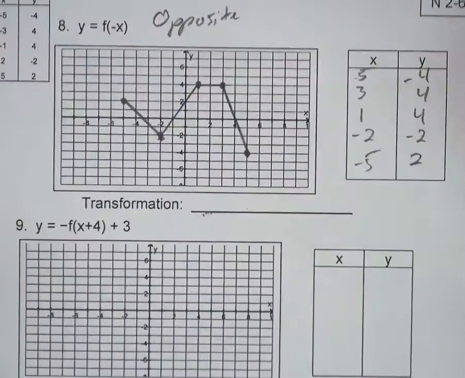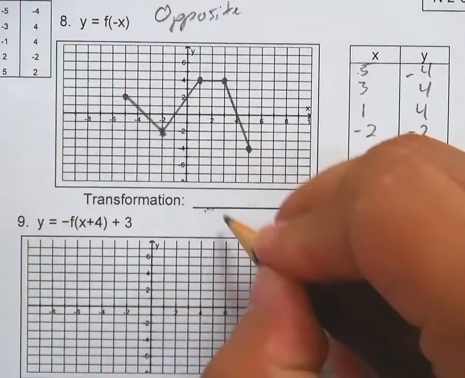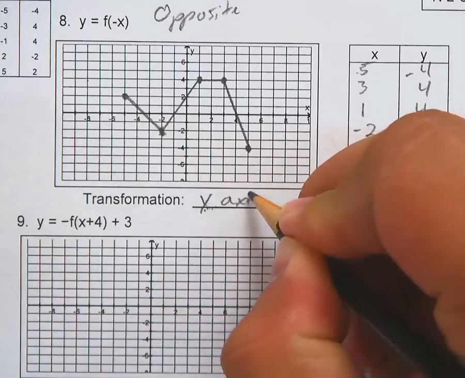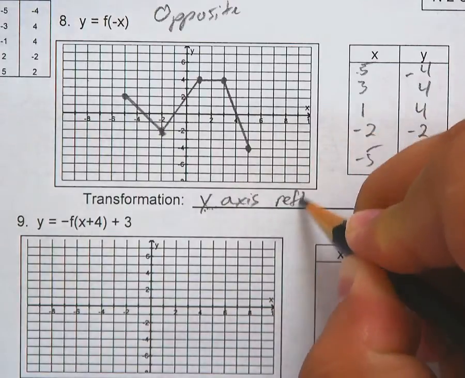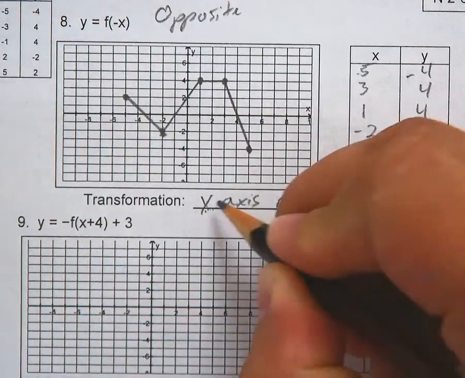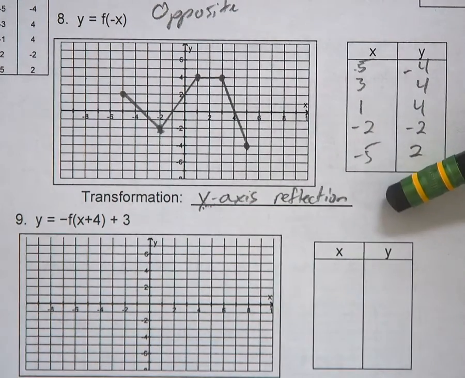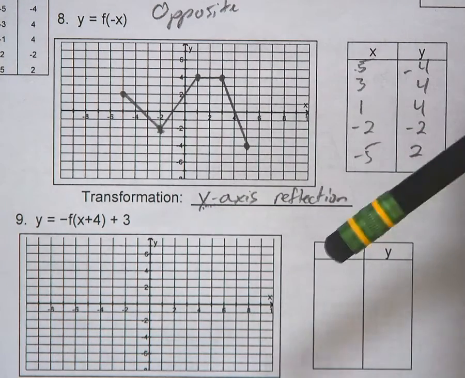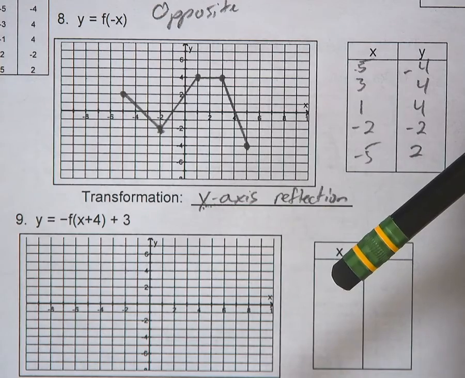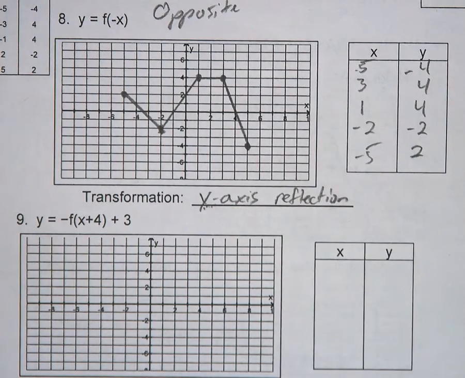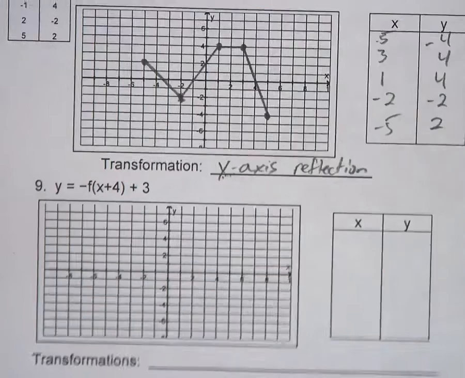And what you're left with is a y-axis reflection. Yay! If you make your x's negative, it's a y-axis reflection. That's not news. That's old to us. So now let's get into the big one.